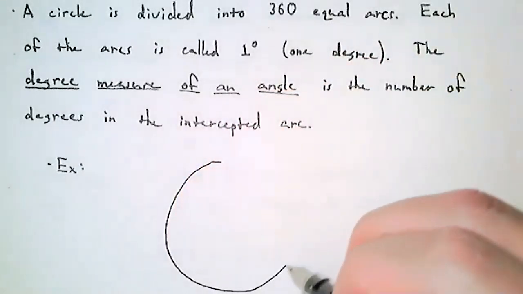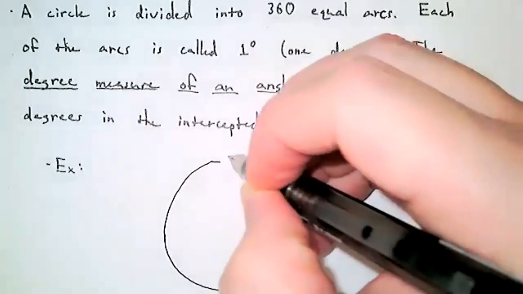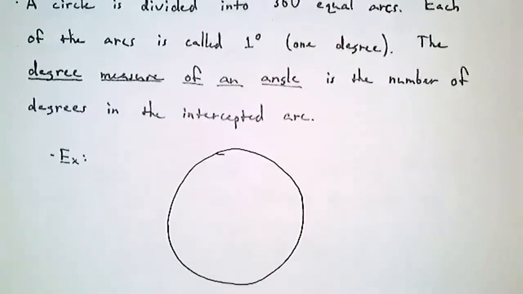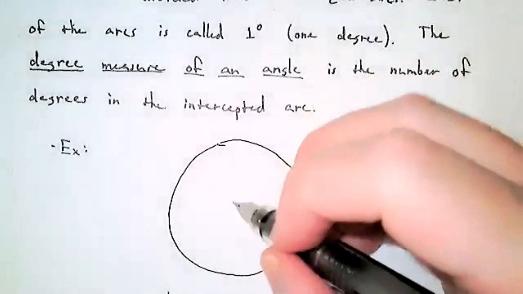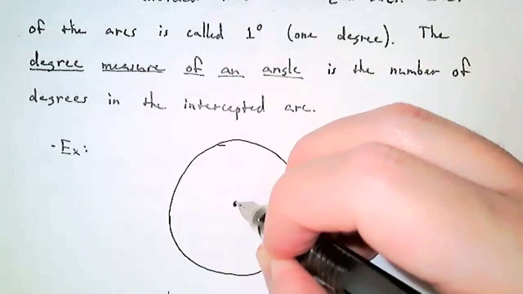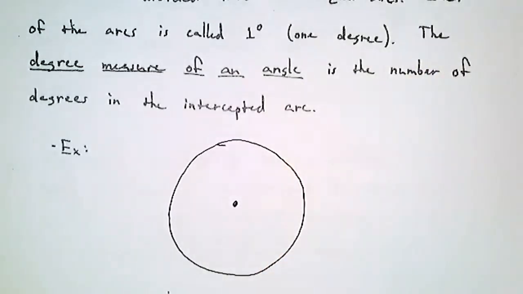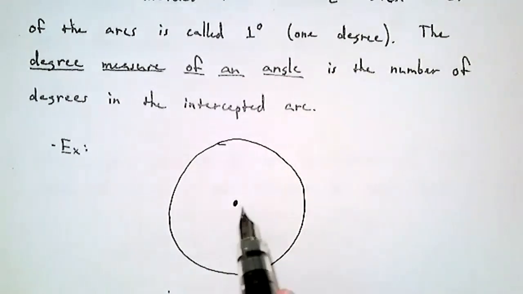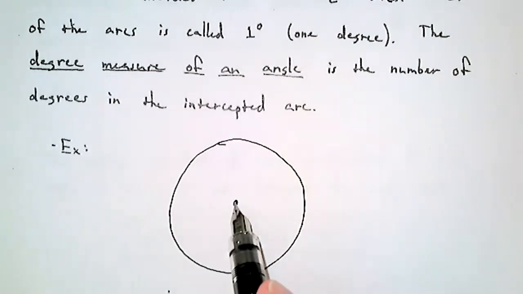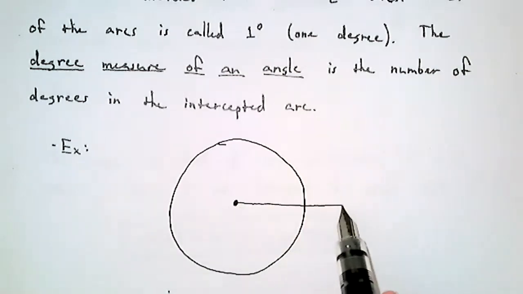So hopefully a picture will illustrate. So what we want to think about are angles in a circle. We want to think about central angles. So here's my vertex at the center, and an angle with 0 degrees would be like this one.